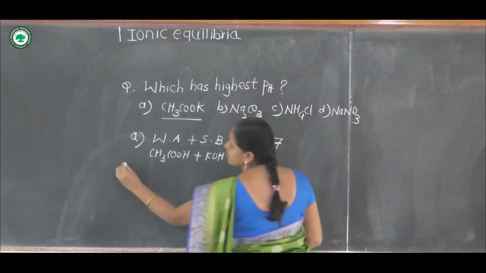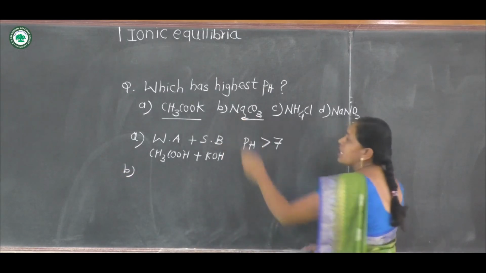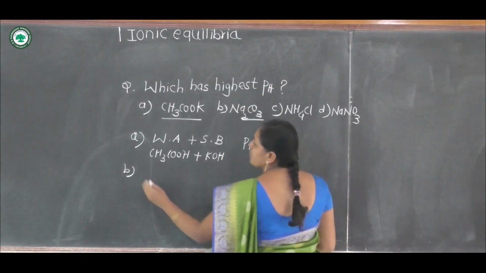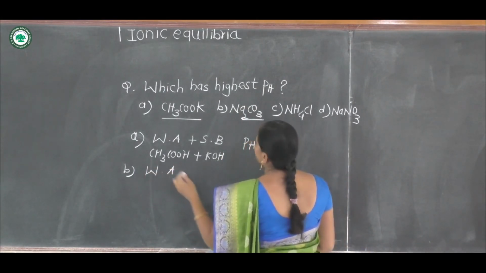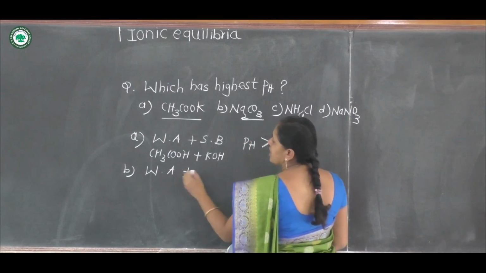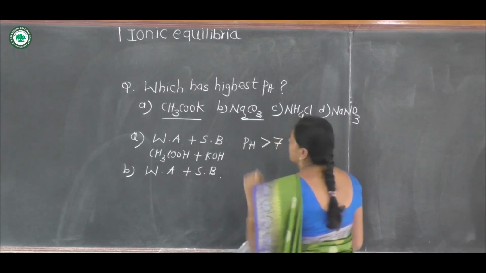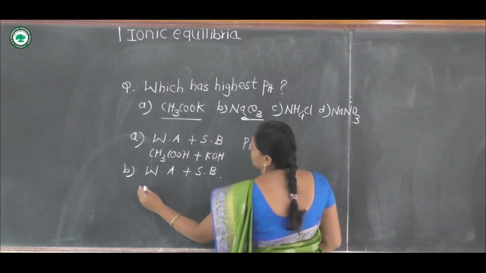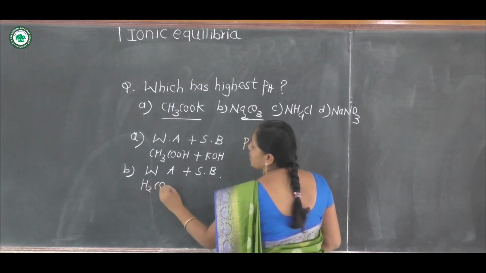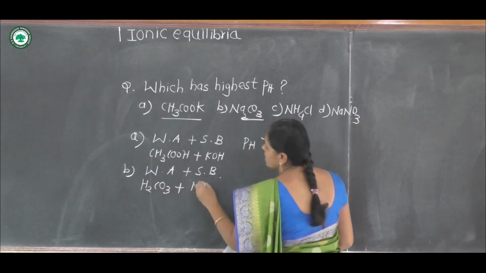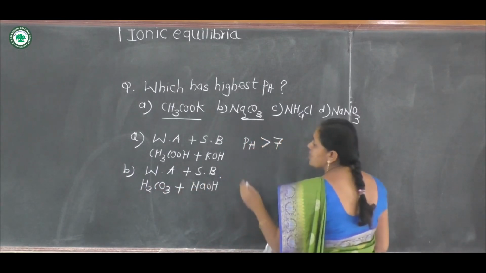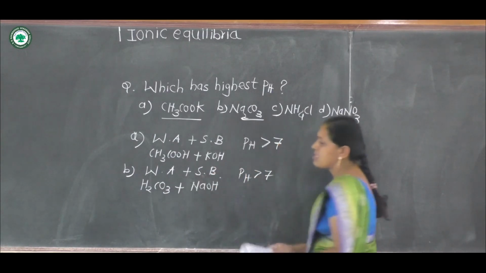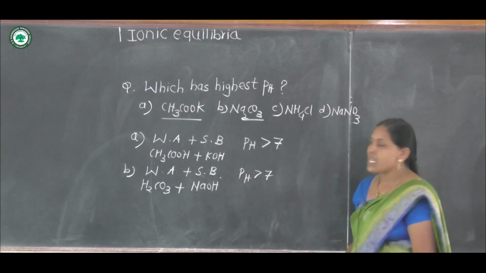Second option, Na2CO3. Na2CO3 is the salt of weak acid H2CO3, carbonic acid, plus strong base NaOH. Its pH is also greater than 7 because it is a weak acid and strong base.